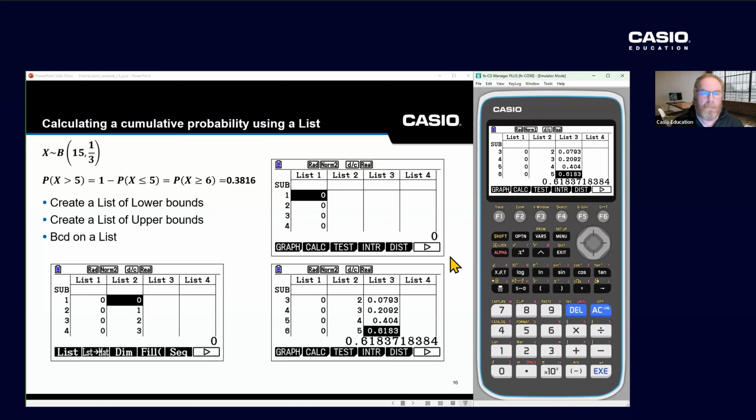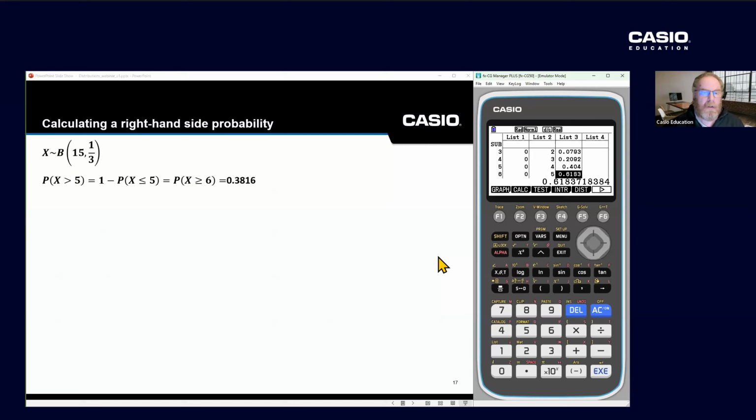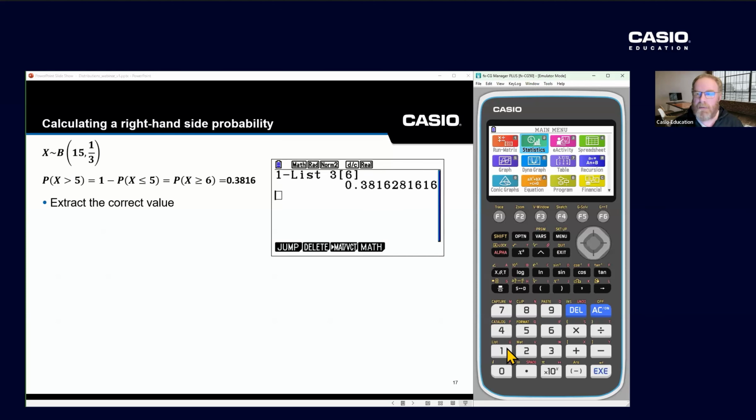How do I do that? Well, let's have a look. I could extract the correct value. Let's go to run matrix again. Let's get rid of everything. And then I want to extract just a particular value from a list, not the whole list.